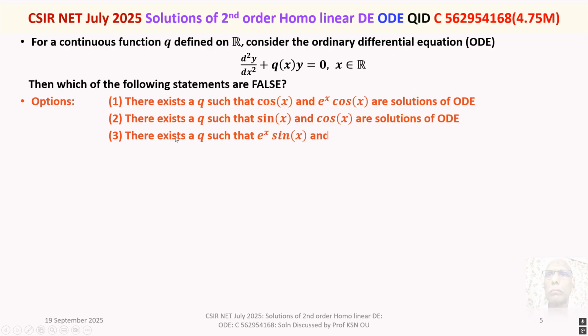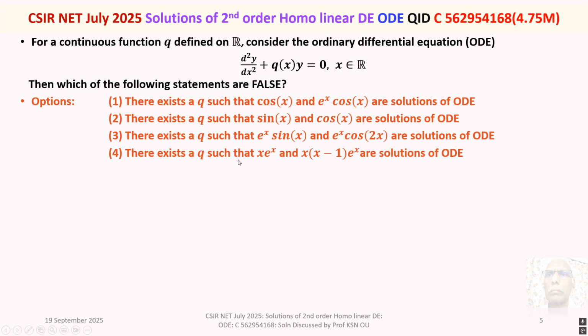Option 3, there exists a q such that e power x sin x and e power x cos 2x are solutions of the ODE. Option 4, there exists a q such that x e power x and x minus 1 into e power x are solutions of the ODE.